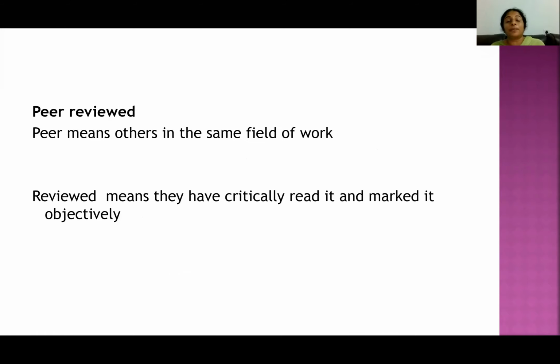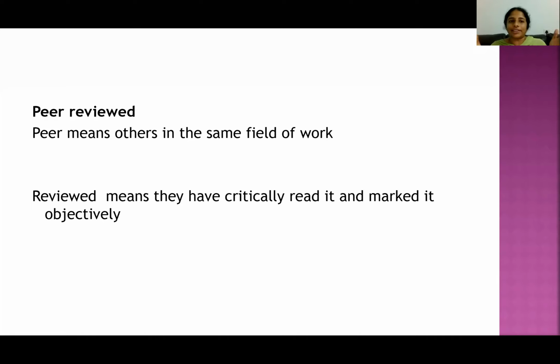Then what is peer reviewed? Peer reviewed journal means I publish an article and I think it is good. But that doesn't mean that it is good. Somebody else, the scientific community, the other scientists or other experts in the field should read that article and say that this is good enough. Only then it gets published. So I did a study and I sent it to a journal.